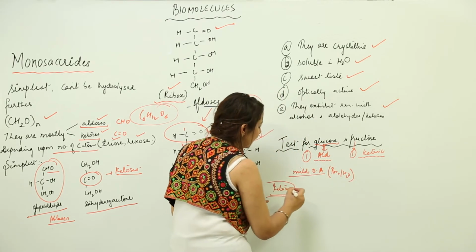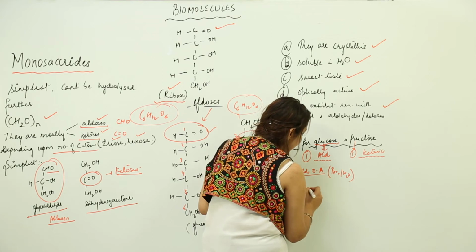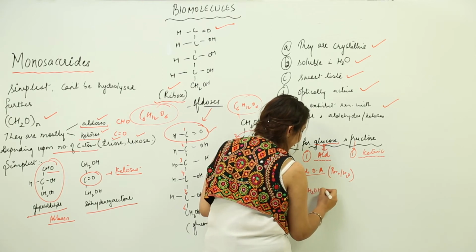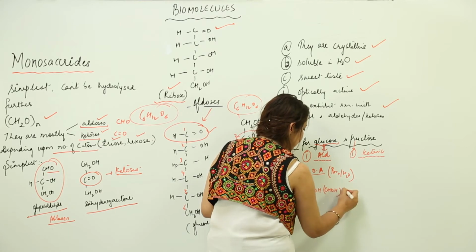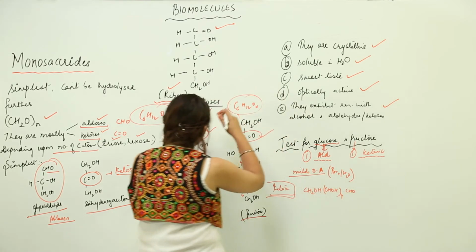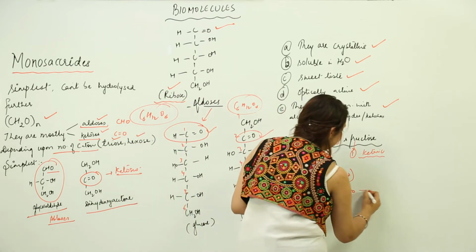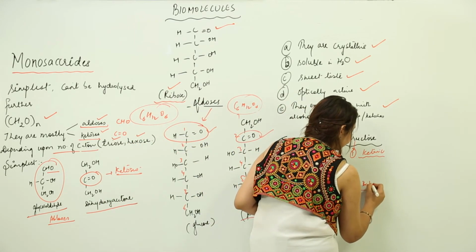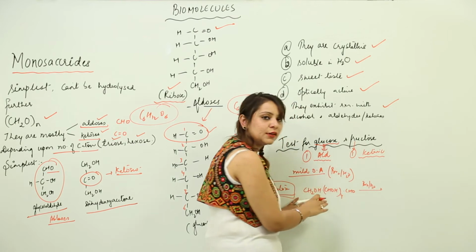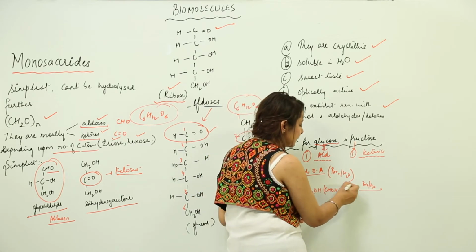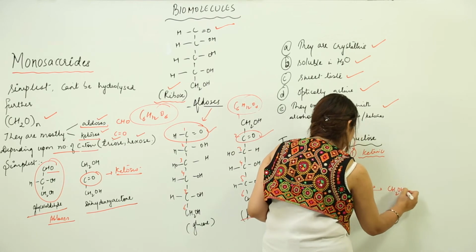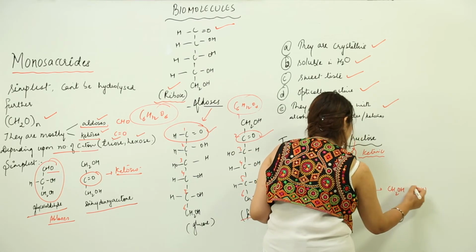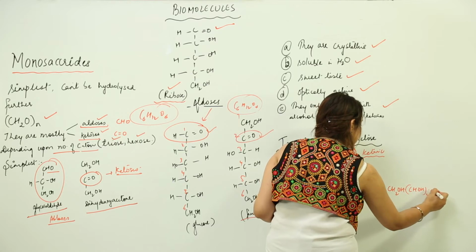What actually happens here is, suppose I have glucose, the formula is like this, I can just club them up. With bromine water, it gets oxidized, turning this aldehydic group into a carboxylic group. So it becomes CH2OH, (CHOH) whole 4 and COOH.